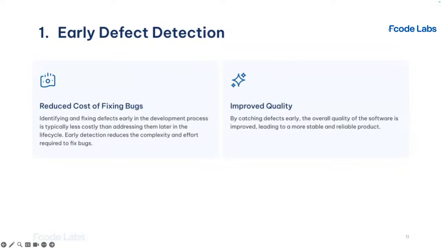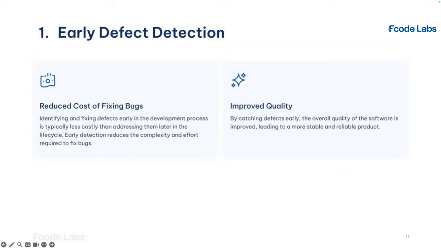The first one is early defect detection. This is what we need to do: eliminate the bugs as soon as they are introduced to your software development project. Bugs can be there in the requirement phase itself. If there's a logical issue in the requirements, or an issue in the design, these can be corrected at the requirement phase itself.